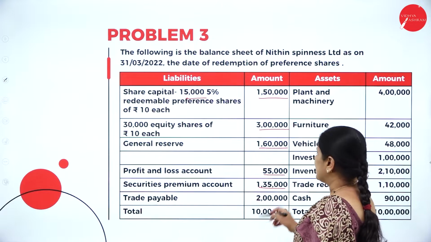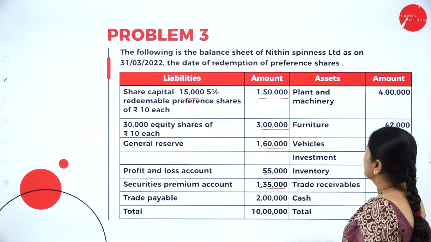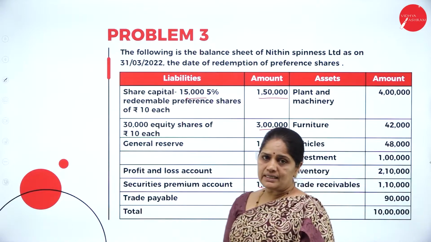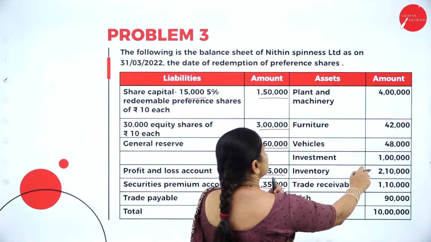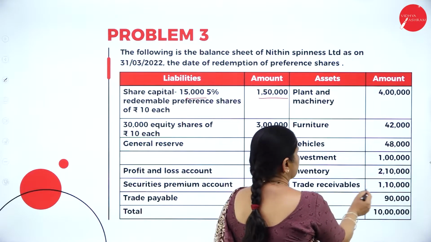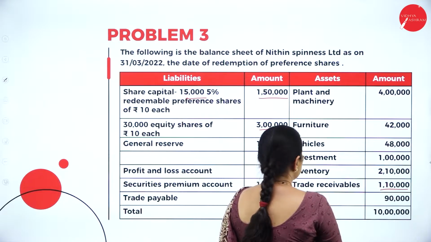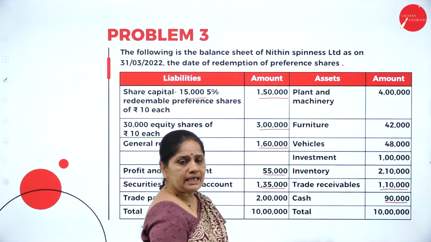Securities premium account 1,35,000. Trade payable is 2 lakhs. Total is 10 lakhs. Now, here we have the plant and machinery 4 lakhs, furniture 42,000, vehicles 48,000, investments 1 lakh, inventory 2,10,000, trade receivables 1,10,000, cash 90,000, total 10 lakhs.